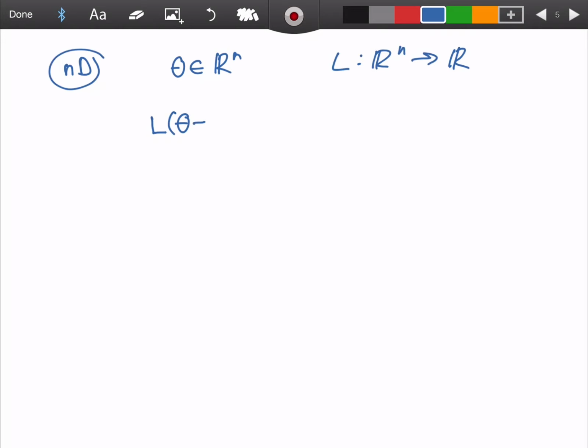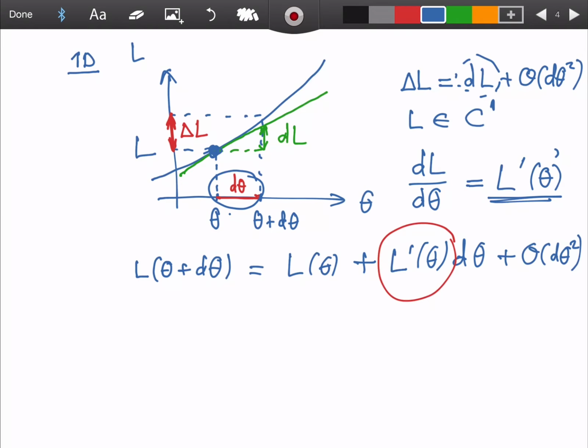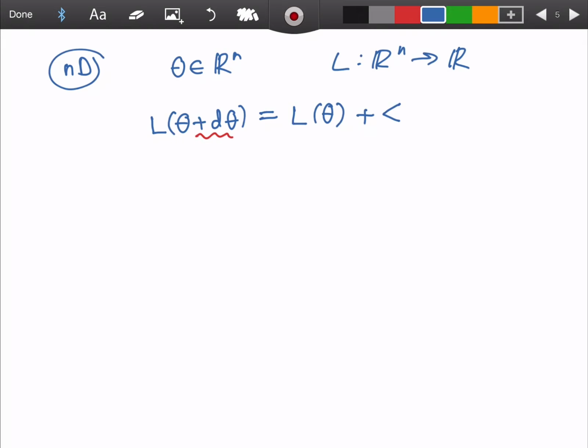So L of theta plus d theta. Now pay attention that d theta is a vector. You have displacements in every direction of your n-dimensional axis, so it's a vector valued quantity. Again, it is the value of the function at the point theta, plus, instead of a product, an inner product of two vectors, the standard Euclidean inner product, of something that generalizes the notion of the first order derivative and d theta as before, plus a term that depends quadratically on d theta.